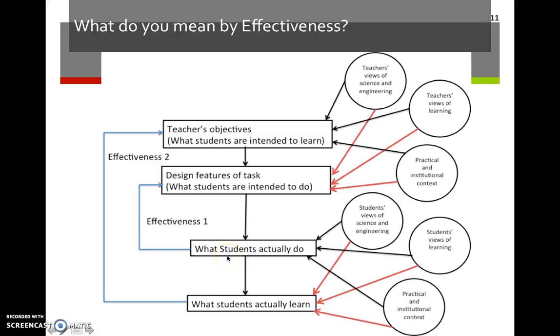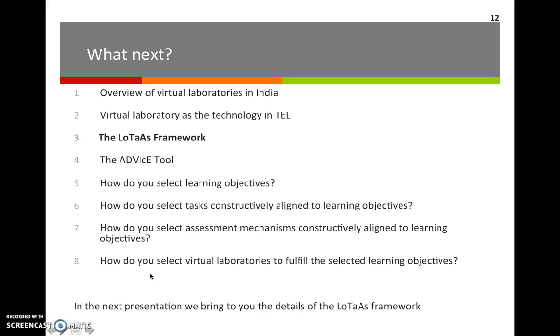So through this presentation series, what we are going to achieve is to map the complete alignment between what students actually learn and what students are intended to learn, based on educational technology theories, and then what students actually do in the lab and what students are intended to do in the lab, matching these two. So that's all in this presentation. In the next presentation, we will be covering the Lotus framework.